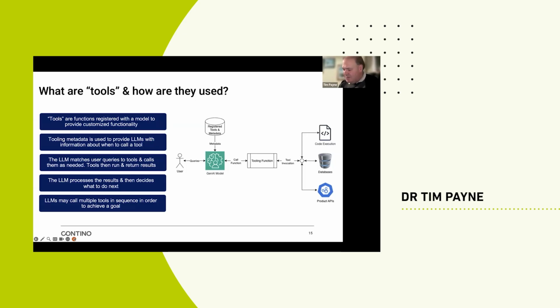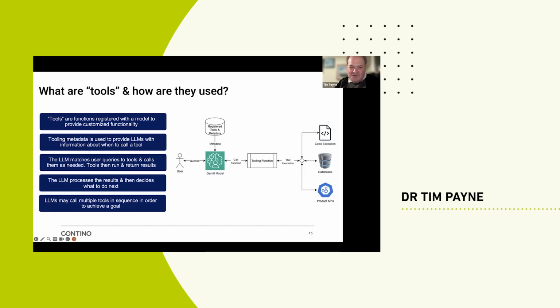It will invoke those tools in the order that it needs to get the information, and then process those results, and then it may say, okay, I've got some results, I need to invoke some other tool to get some other results, and it will call those tools in sequence until it achieves the goal, and then once it's achieved the goal, it will process the information, then give you a result.